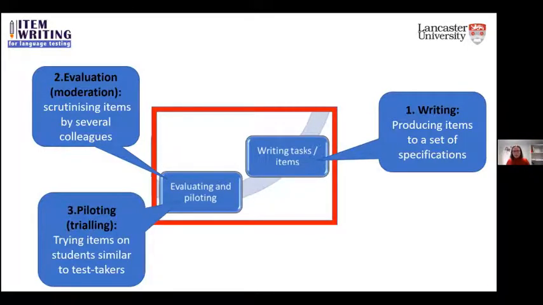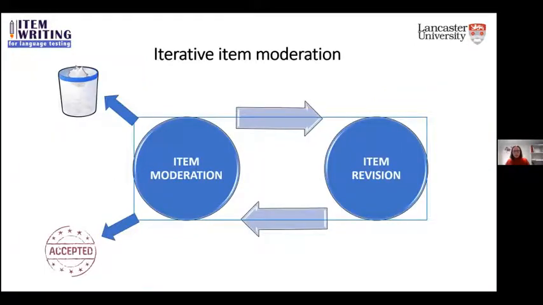Another important thing about item moderation is that it's an iterative process. It's not just that items are produced, then moderated, and then go for trialing. What normally happens, at least in my personal item writing and item reviewing experience, is that a very small proportion of items are accepted on first submission from item writers.